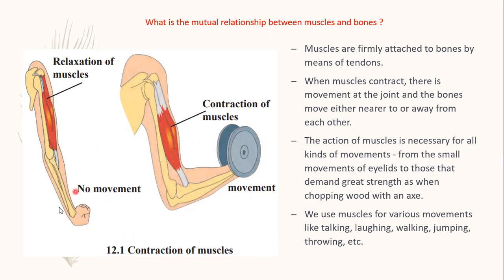The fist of this hand is closed, which means the bulgy muscle you see on your arm is relaxed. This is the relaxation of muscles.